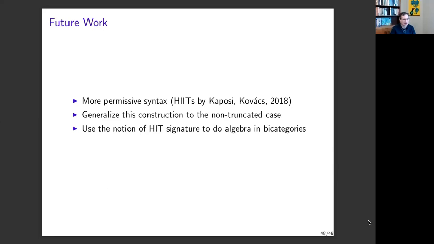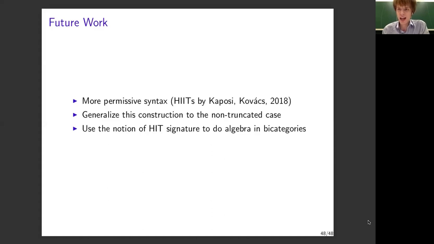Well, I'd like to hear more about whether you have ideas about generalizing to the non-truncated case, or at least to higher truncation levels. Okay, so the difficulty which would be the most immediate is you need to generalize bicategories to weak higher categories, and to do that inside of type theory seems quite difficult.